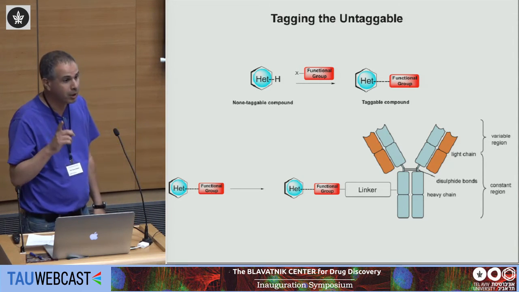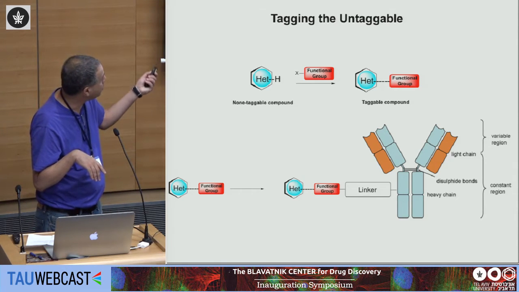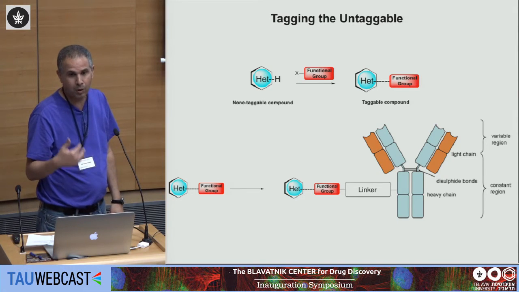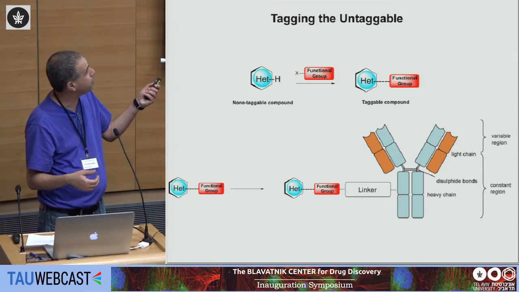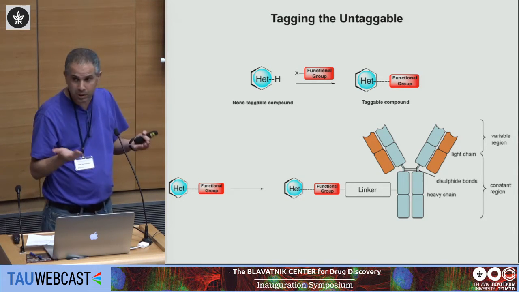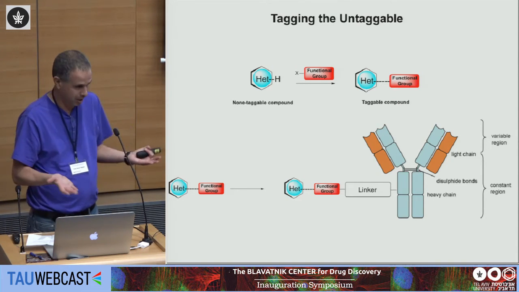But this can only work if your new moiety here will keep or maintain the biological activity of the parent drug. Of course, you generate here a new moiety. It's no longer the same molecule that was a drug before.